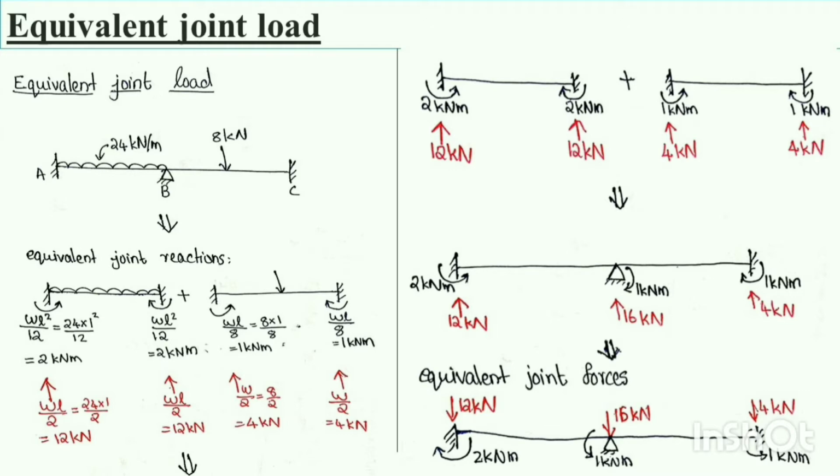And the moment at A will be 2 kilonewton meter in clockwise direction, that is opposite to that in equivalent joint reaction. Now at B, the load will be 16 kilonewton and the moment will be 1 kilonewton meter in anti-clockwise direction. And at C, the reaction is 4 kilonewton and the moment is 1 kilonewton meter.